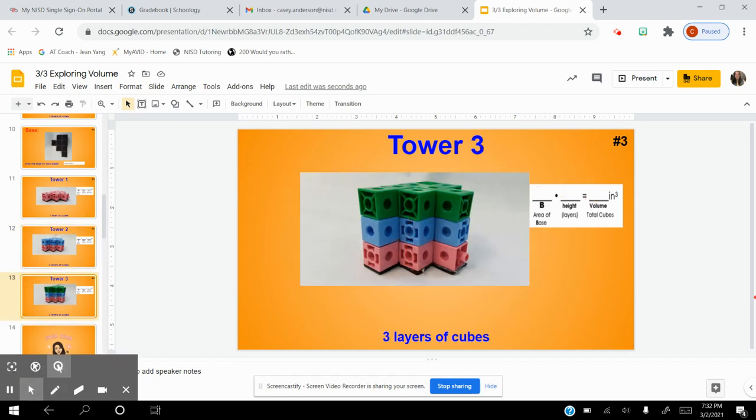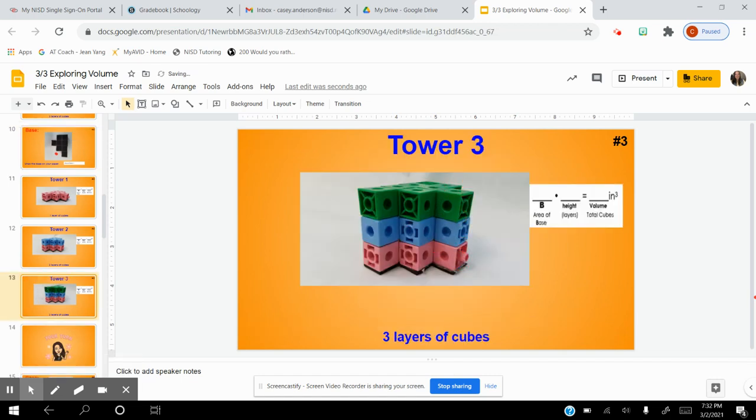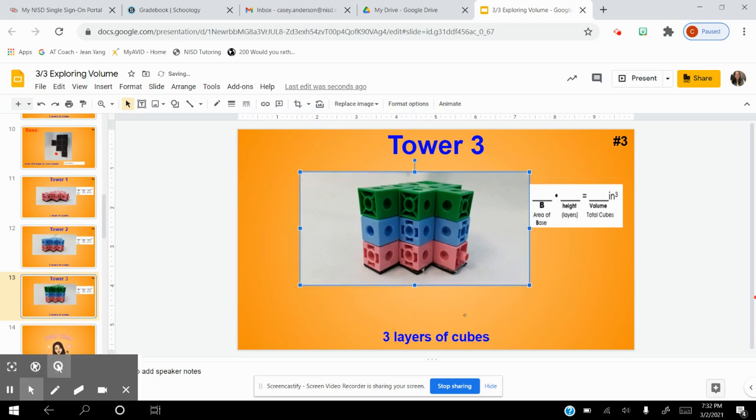Okay, so now if we stack it, pink with the blue, with the green, if there were 8 of them like in our first one right here, going back to that bottom, that was our base. If we were to stack it 3 times, this is 8, this is another 8, and this is another 8. So that area, that base, that pink, think about that black felt down here.